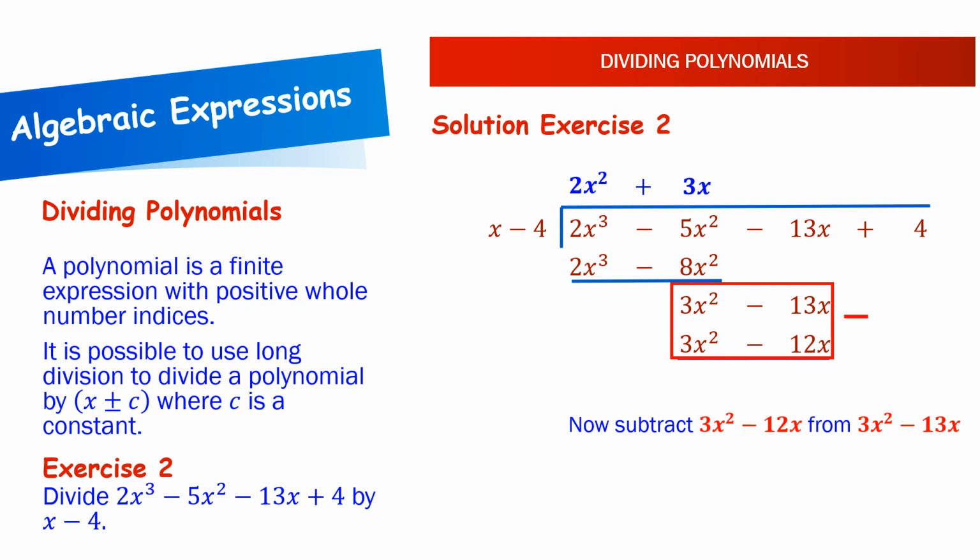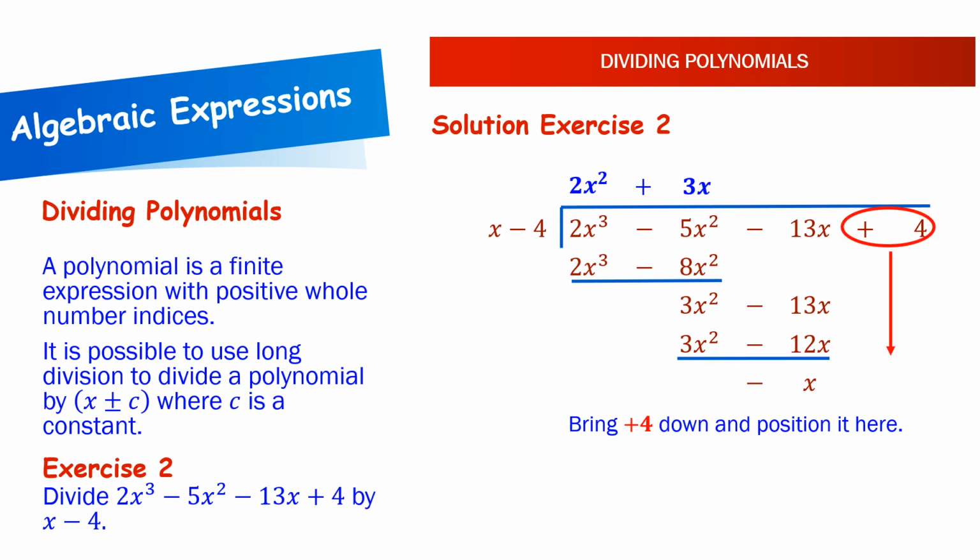Now subtract 3x squared minus 12x from 3x squared minus 13x to give minus x. Again, bring the next number down, which is plus 4 in this example, and position it here.